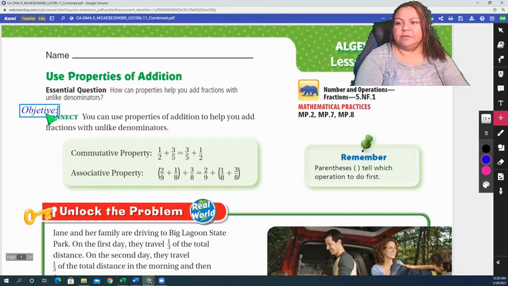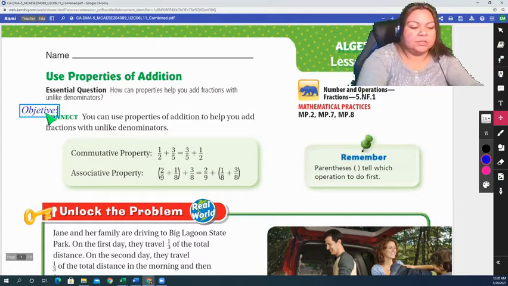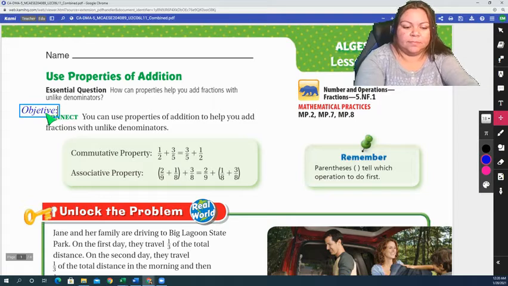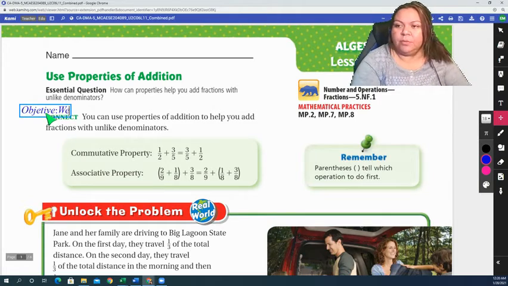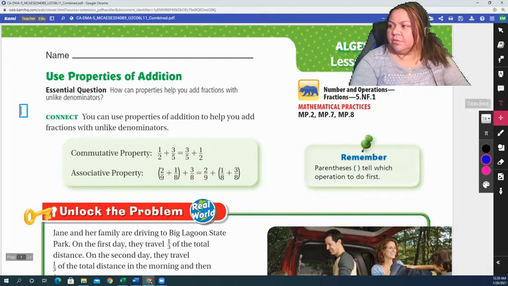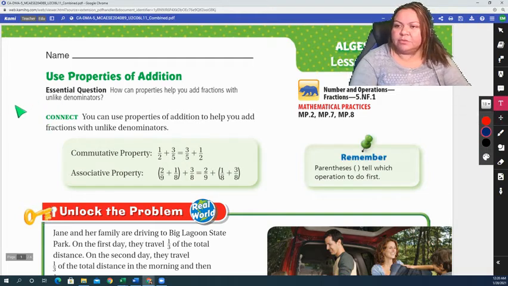Objective. And today we will, you know what, I think I'm writing with the math tool.